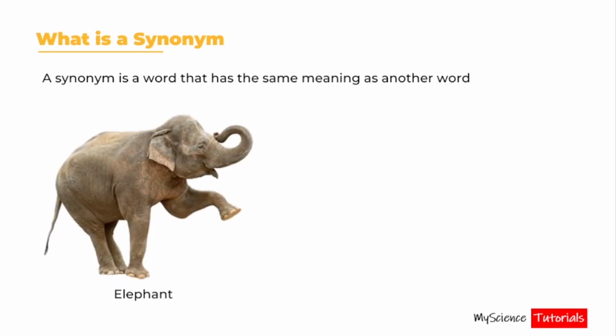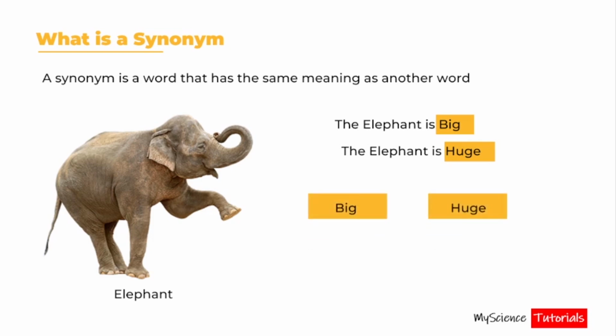So I have an elephant. I can describe this elephant as: the elephant is big. Or another way to say the elephant is big is I can use the word huge. So I can say the elephant is huge. Over here, the two words that are highlighted, big and huge, mean the same thing.